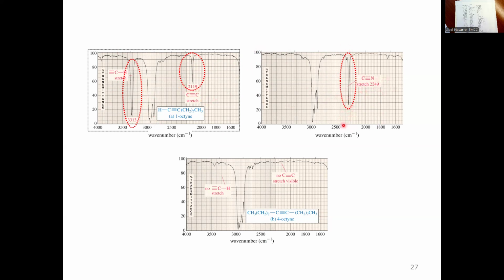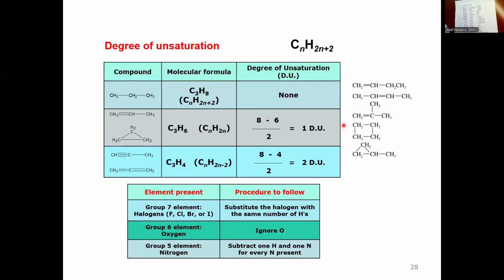In the literature, I have seen a lot of alkynes and nitriles, and they are very consistent. The good thing is that nitriles are always strictly in the 2200s, and alkynes are strictly 2100.